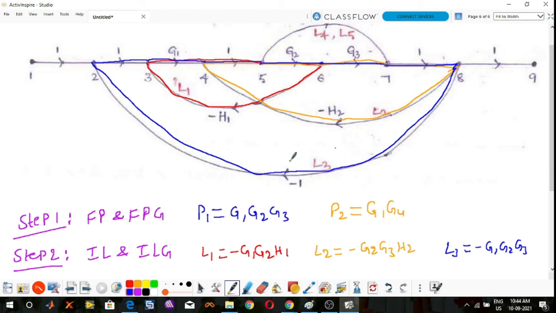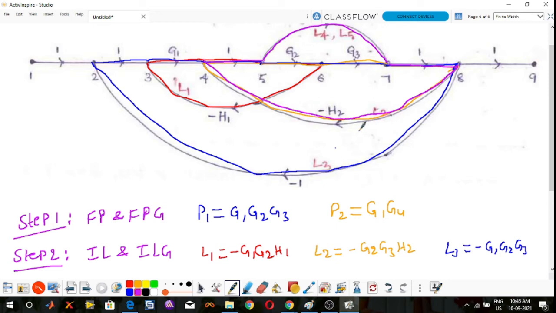Next, identify the fourth individual loop. The fourth individual loop is 4 to 5, 5 to 7, 7 to 8, 8 to 4.